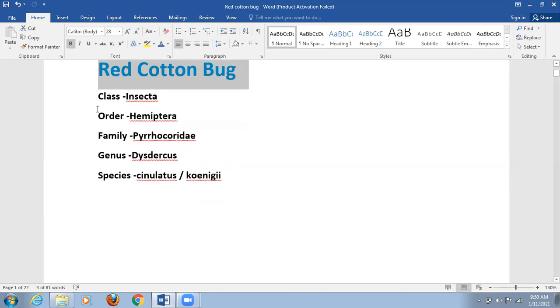Now, on your screen, you can see the classification of the red cotton bug.